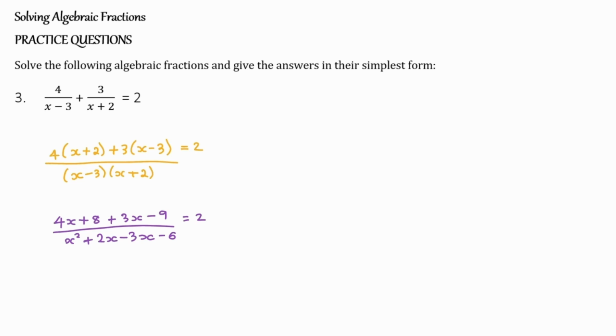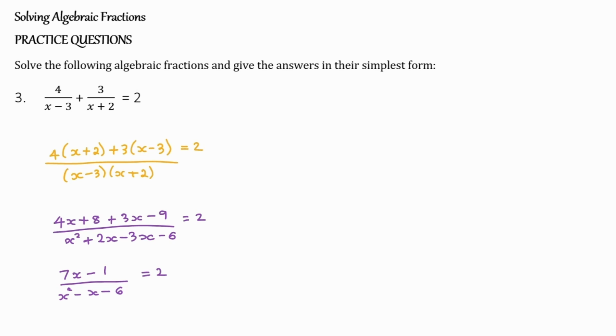We'll now collect all the like terms that we have in the numerator. So we've got 4x plus 3x, which is 7x, and we've got 8 minus 9, which gives us minus 1. In the denominator, we have x squared. We then have 2x minus 3x, which would just be minus x, and we've also got minus 6. And this is all equal to 2.